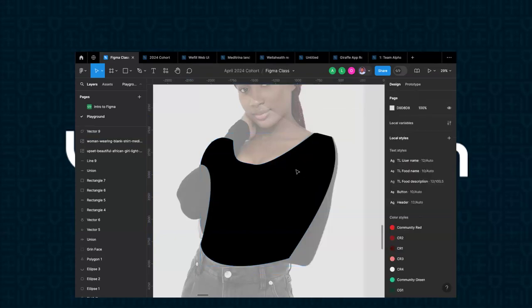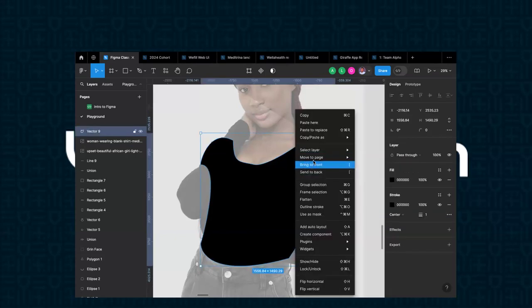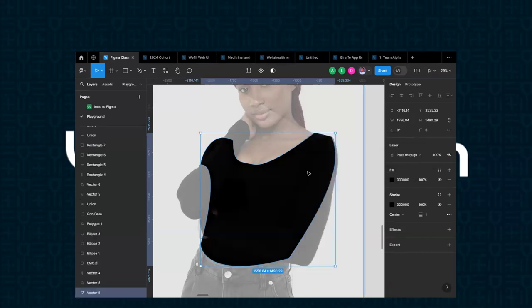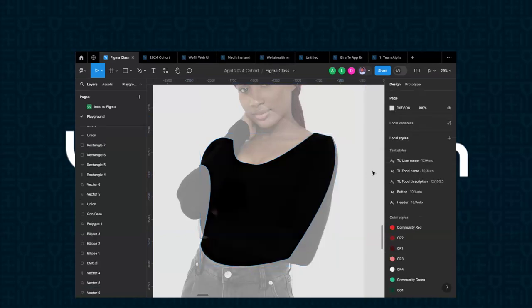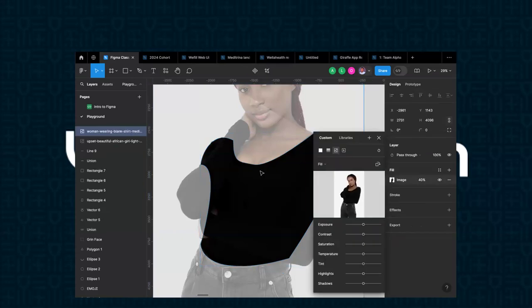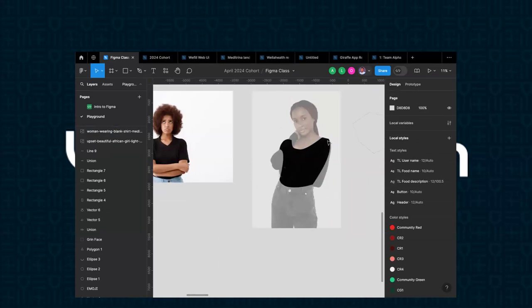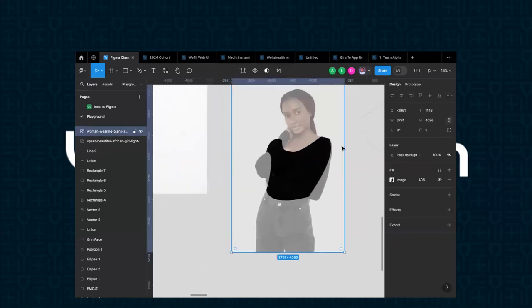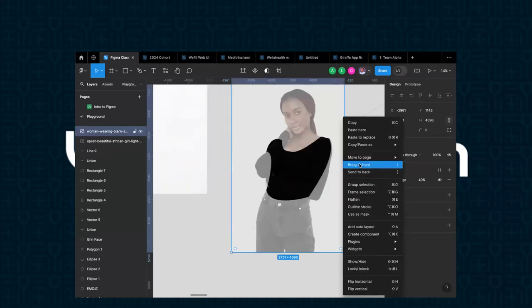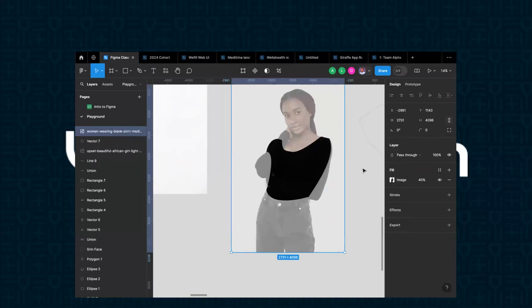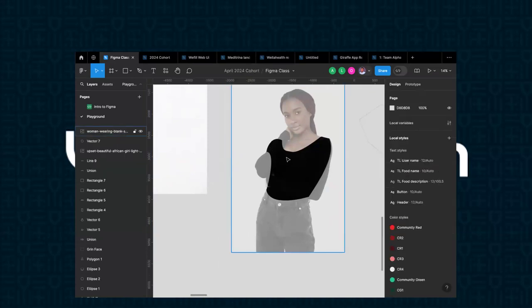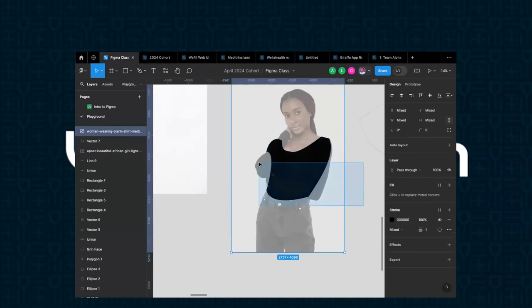And then let me take it to the back. Let me use move, send to back. Okay, it's already at the back.